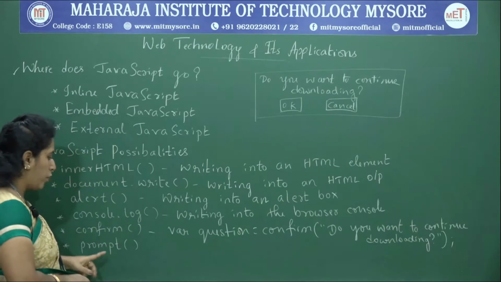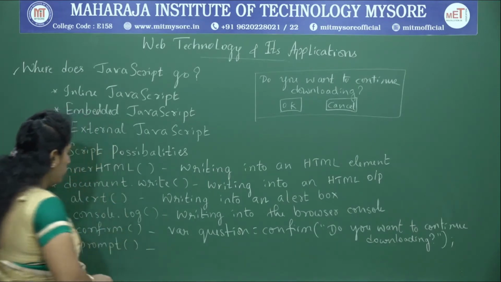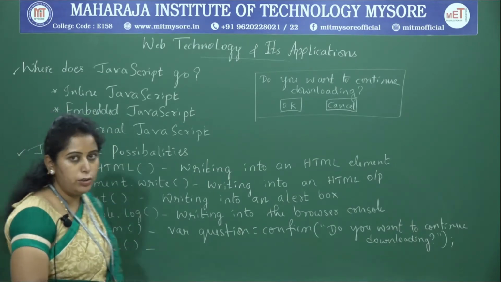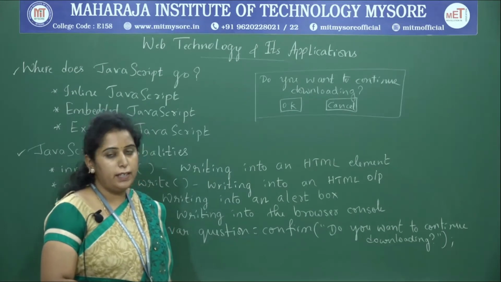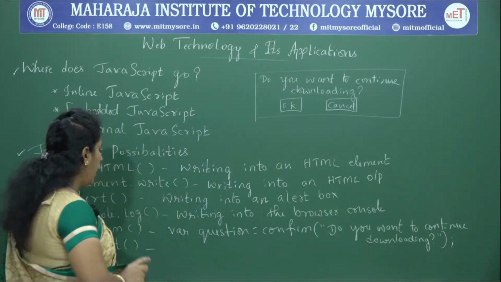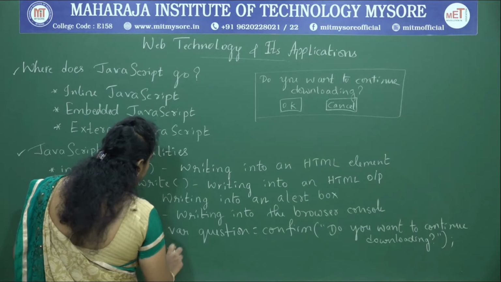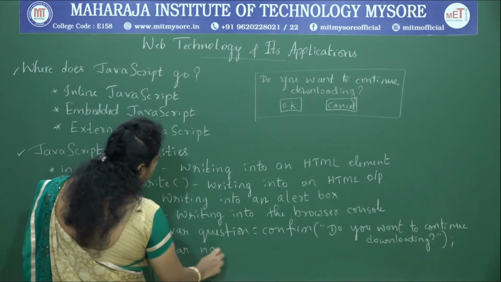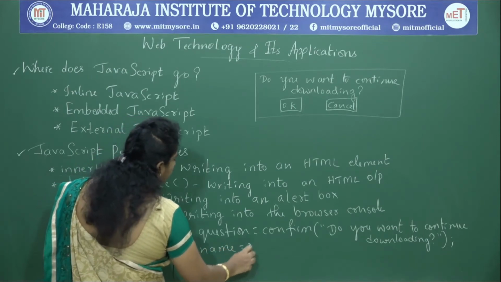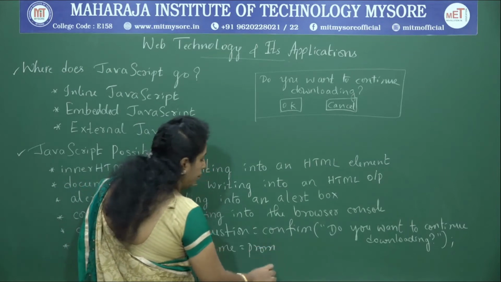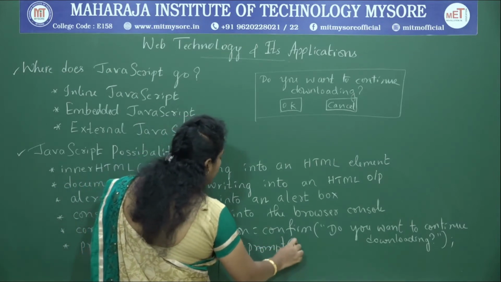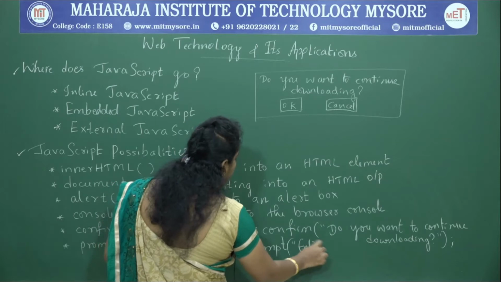Next is prompt. This is also one of the functions used for reading an input from the keyboard. For example, name is equal to prompt, inside that, enter your name.